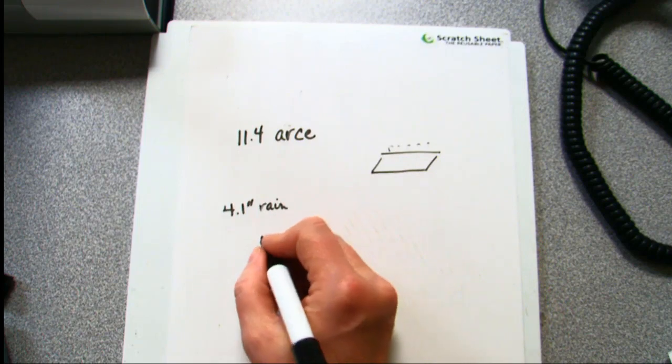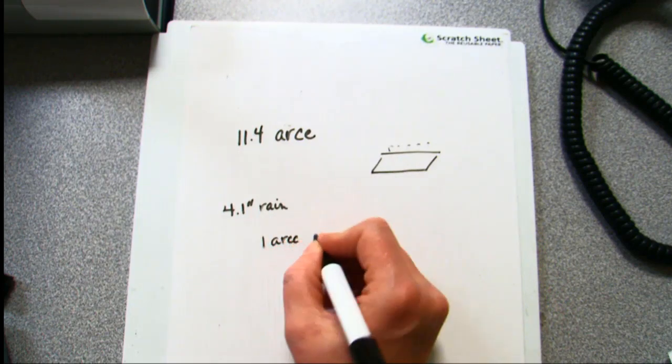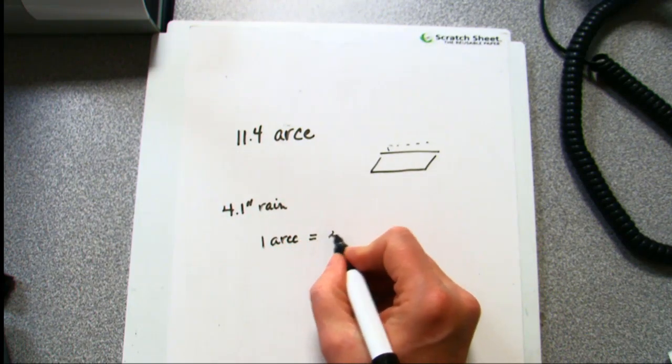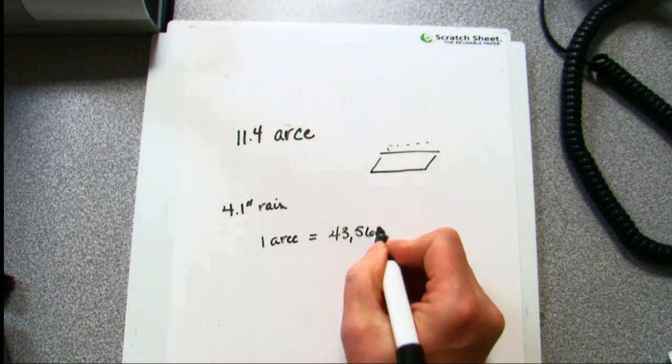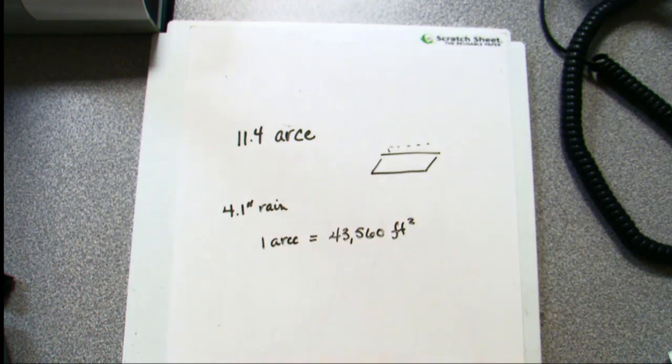And so 1 acre, just because people don't remember it, is roughly 43,560 feet squared.